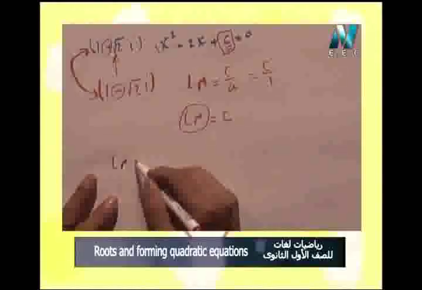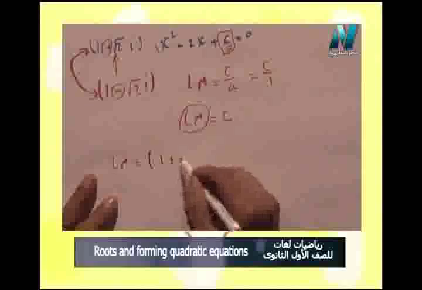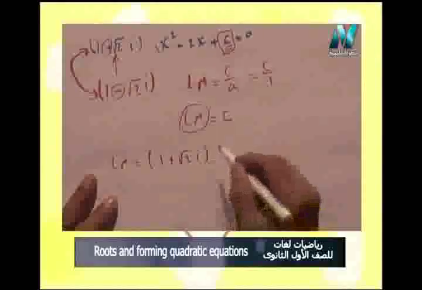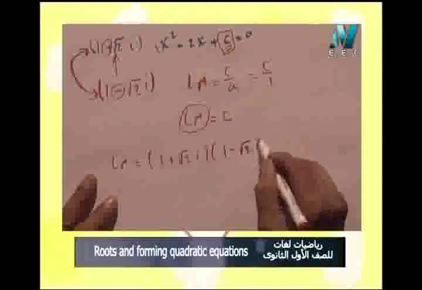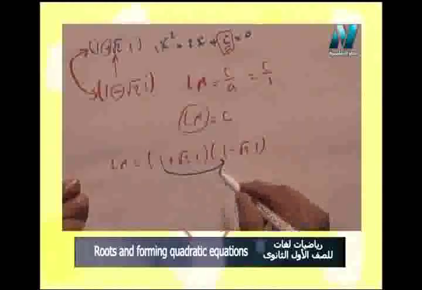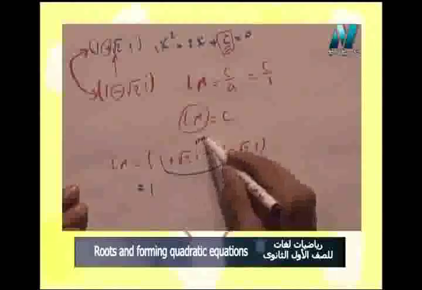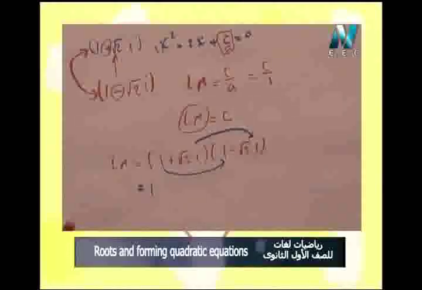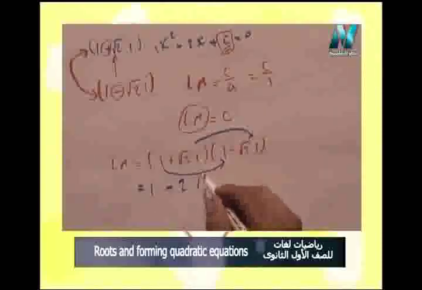Lm equals now 1 plus root 2i multiplied by 1 minus root 2i, and we can easily find the product. We have 1 times 1 equals 1, and root 2i multiplied by negative root 2i equals negative 2i power 2.